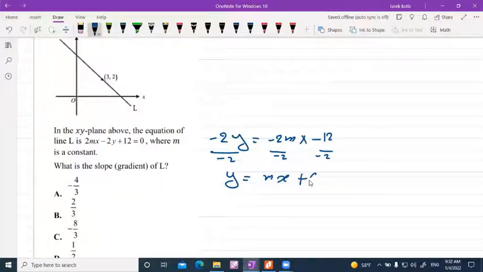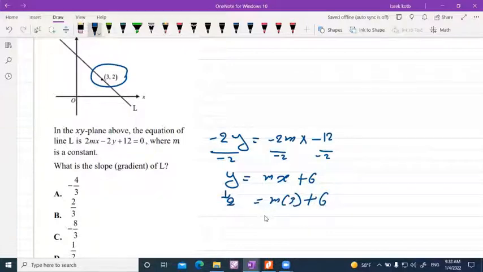So it will be y equals mx plus 6. Okay? And since you already have a point 3 and 2, you can replace y by 2 and the x by 3 so that you can get the m.